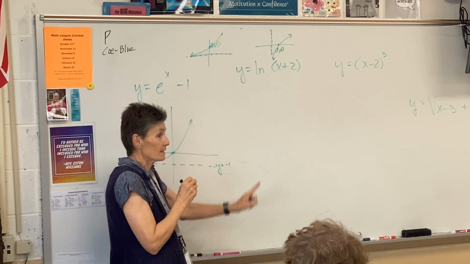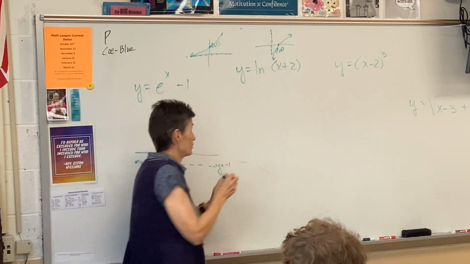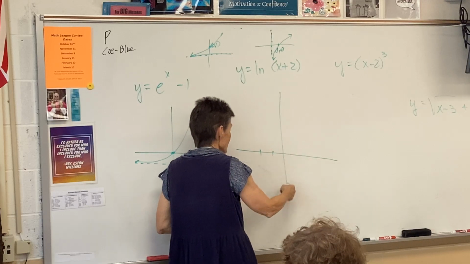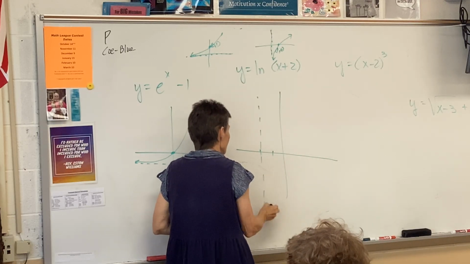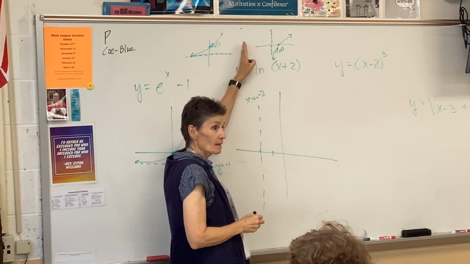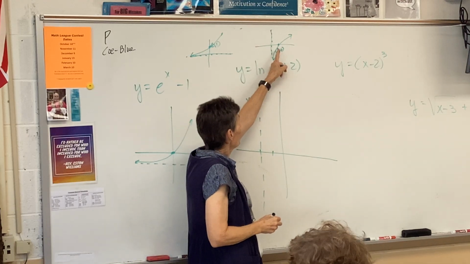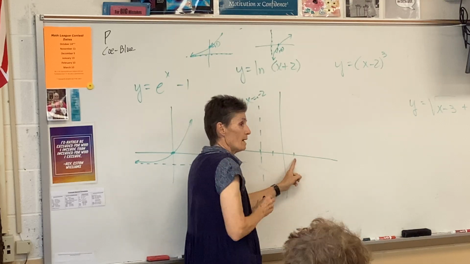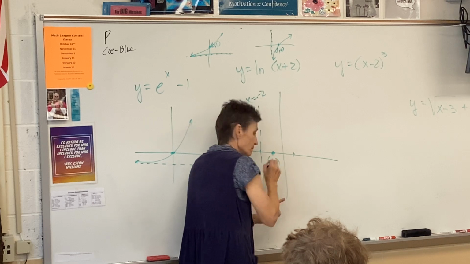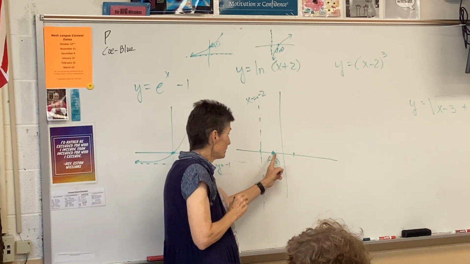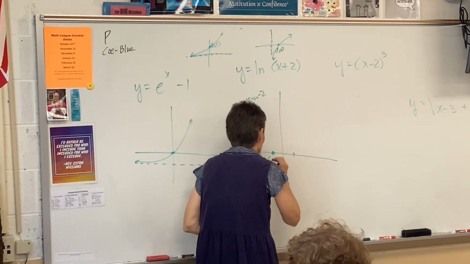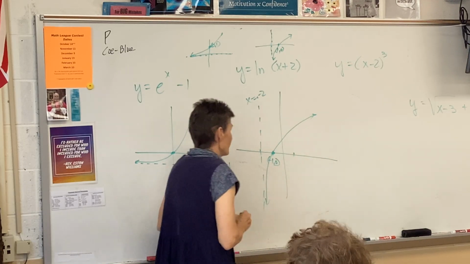We're taking everything left 2. So that asymptote, which was at 0, is now going to be at -2. Everything's left 2. And that point, which was at 1, is now going to be at -1. 1, 2. And there it is.